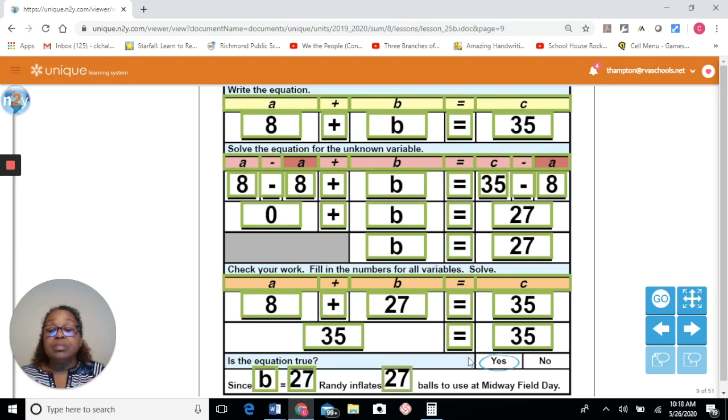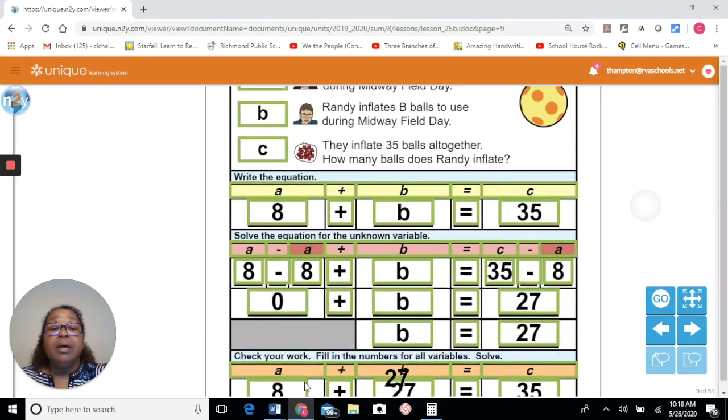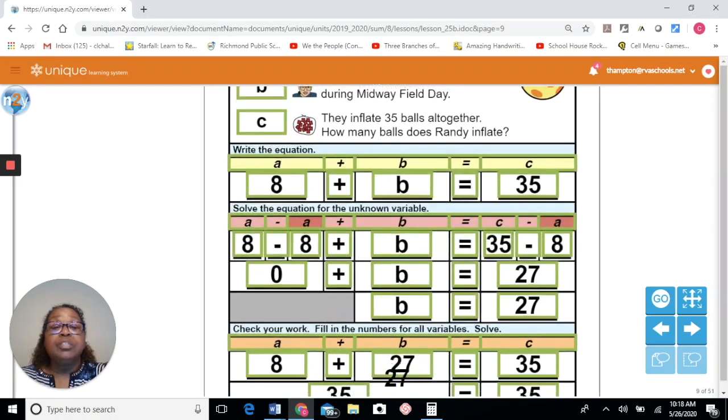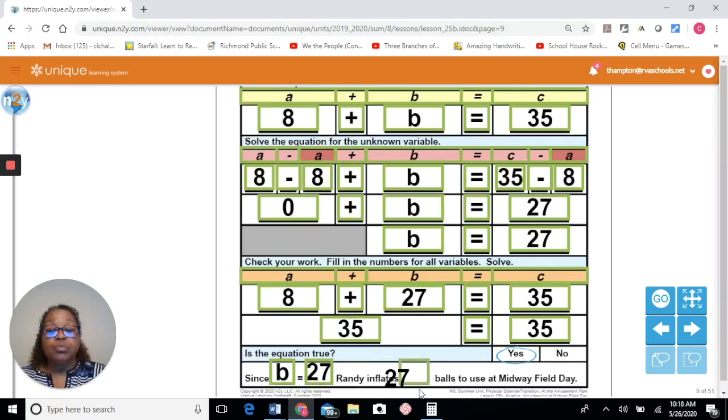And then we're able to say that since B is 27, the answer to the question, they inflate 35 balls altogether, how many balls does Randy inflate, is that Randy inflates 27 balls to use at midway field day.